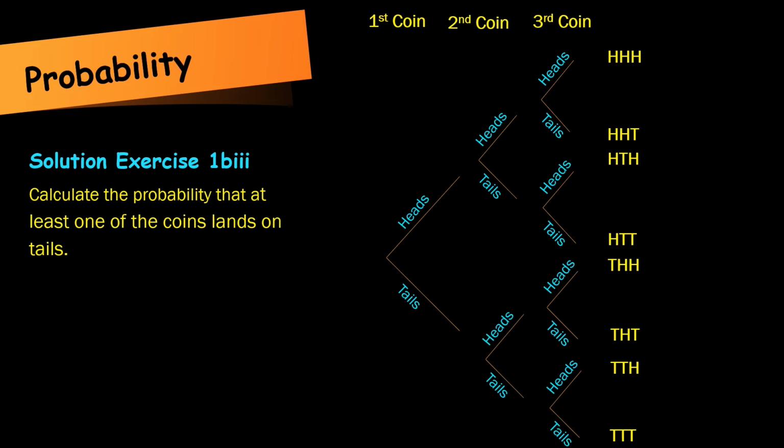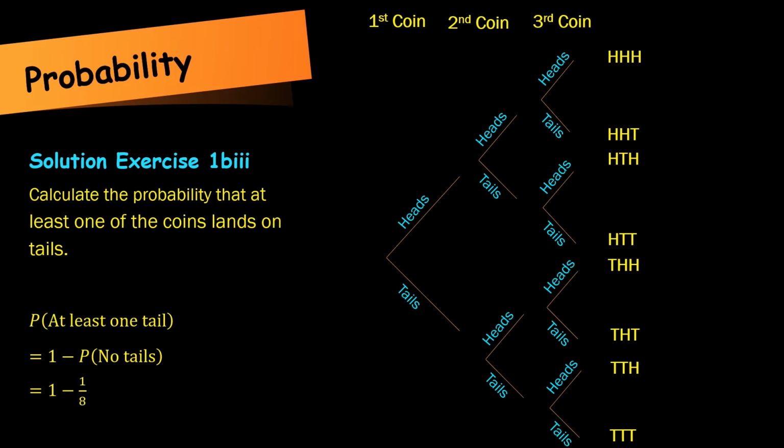Now calculate the probability that at least one of the coins lands on tails. So the probability of at least one tail is 1 minus the probability of no tails.